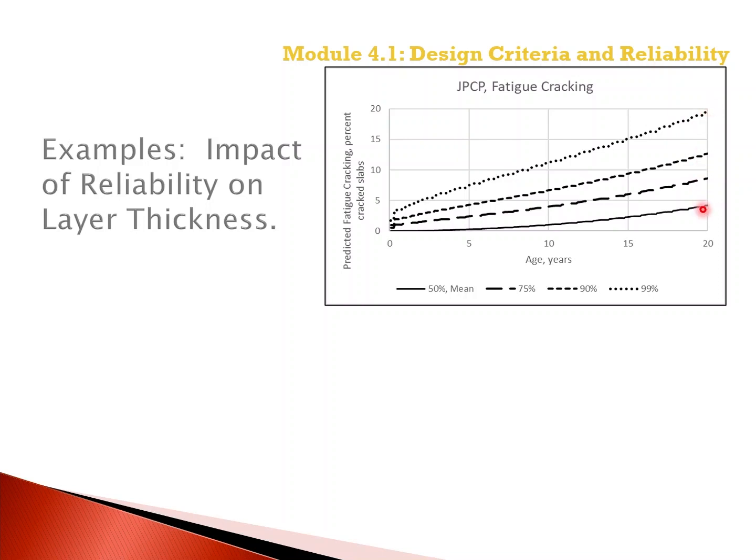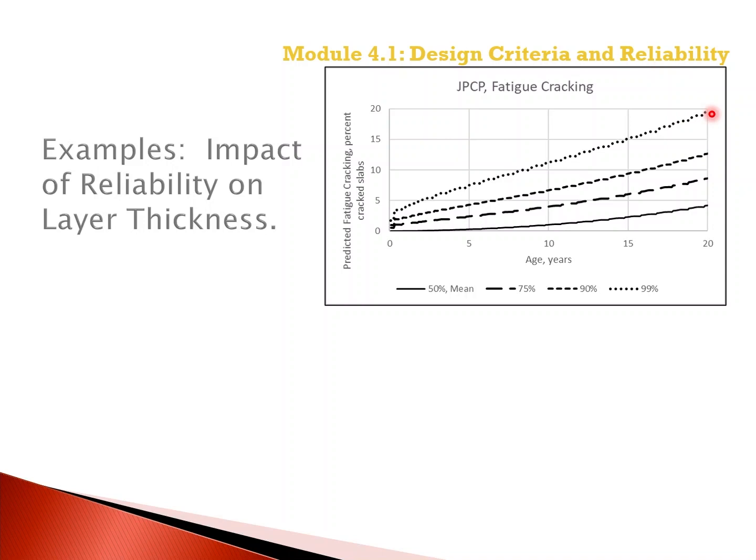So you can get a feel for what impact reliability has on the layer thickness. And it's a significant impact, going from 50% reliability at about, say, 4 inches, all the way up to 99% reliability at almost 20 inches. So it has a huge impact.